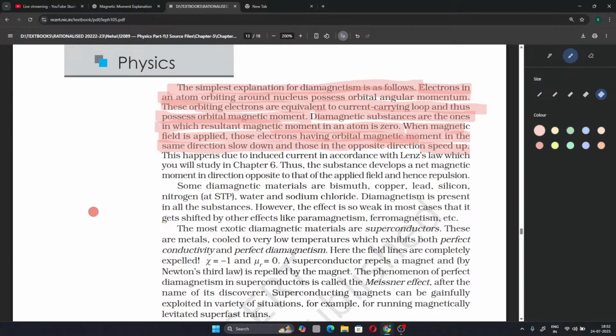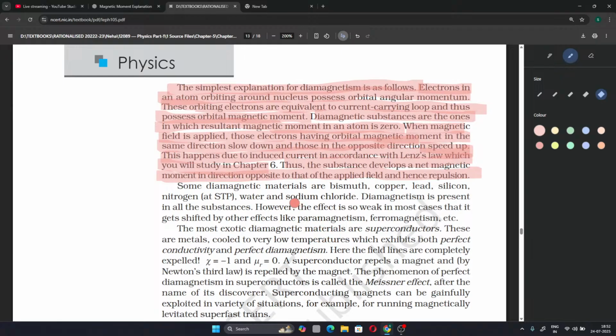But when a magnetic field is applied, the electrons having orbital magnetic moment in the same direction slow down, and those in the opposite direction speed up. This happens due to induced current in accordance with Lenz's law, which you study in chapter 6. Thus, the substance develops a net magnetic moment in the direction opposite to that of the applied field, and hence repulsion.